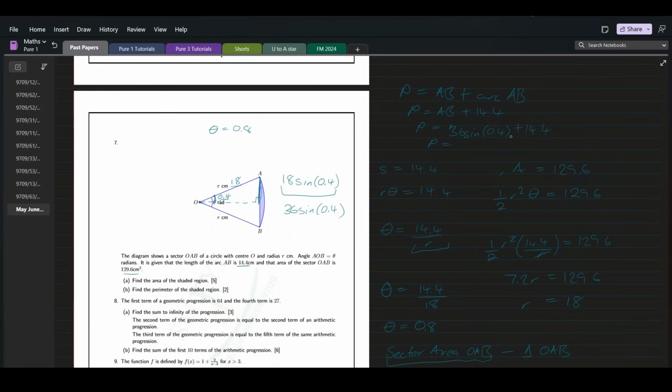And so perimeter is equal to, if we punch this into the calculator, 36 sine 0.4 plus 14.4, that gives us 28.4 centimeters, and this is correct to 3 significant figures, and that's our final answer.